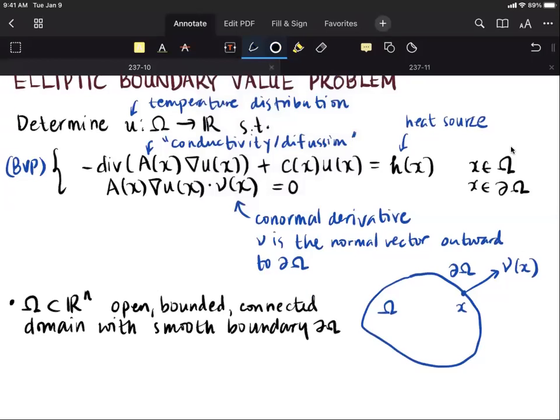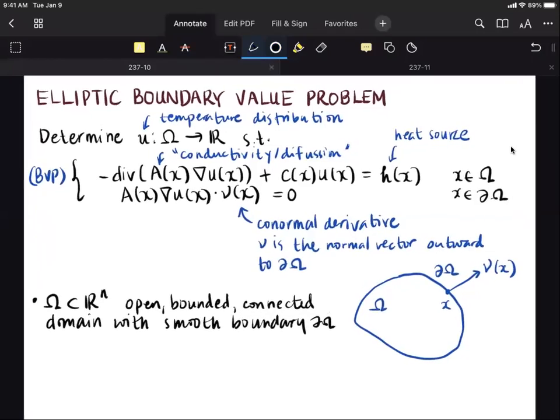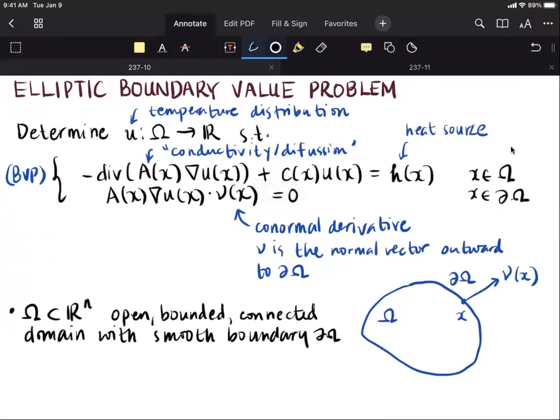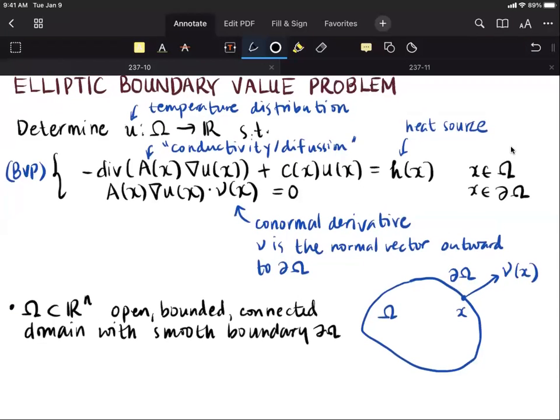By this, loosely speaking, you can think of the boundary of your domain to be piecewise parameterized by, let's say, smooth functions. So we will not go into the details of this technical concept, but just think of, for example, a domain in R2 when n is equal to 2, where your boundary can be, after some rotation, the graph of a function that is smooth enough. Let's say C2, that is continuously twice differentiable.